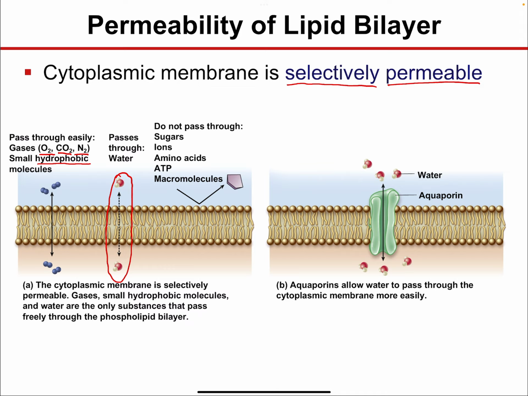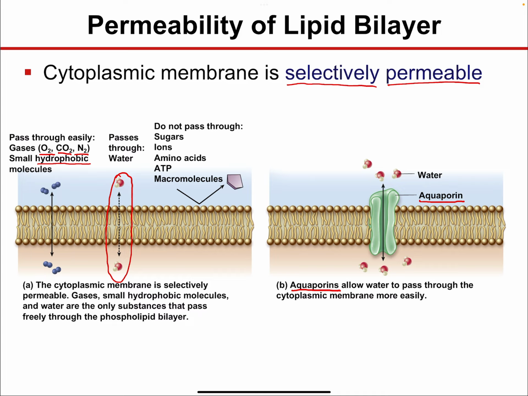Otherwise, water can also cross the plasma membrane through some proteins that we call aquaporins. These aquaporins are going to regulate the movement of water in and out of the cell based on physiological conditions. So I want you to remember the aquaporins that control the movement of water across the plasma membrane.